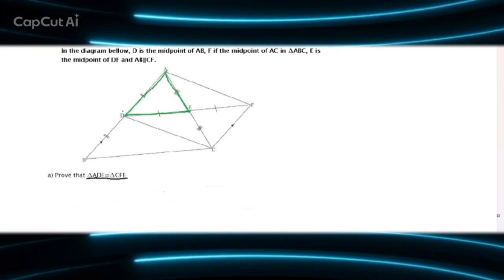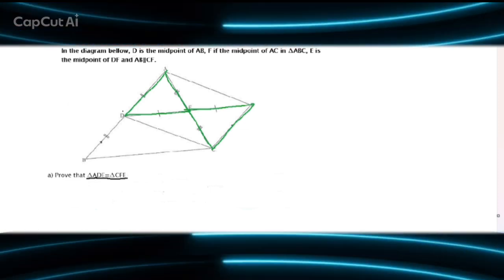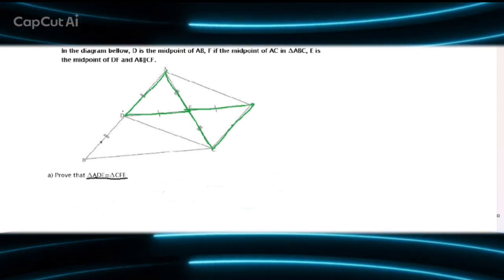So this is triangle ADE. And then CFE. This is triangle CFE.